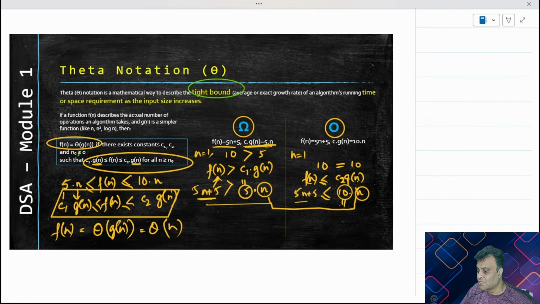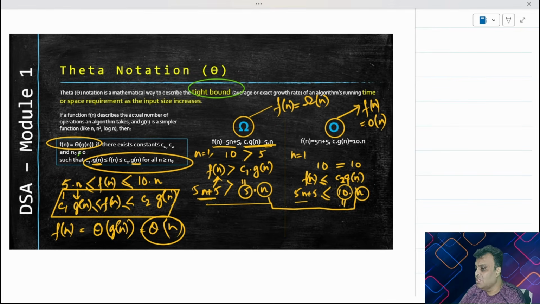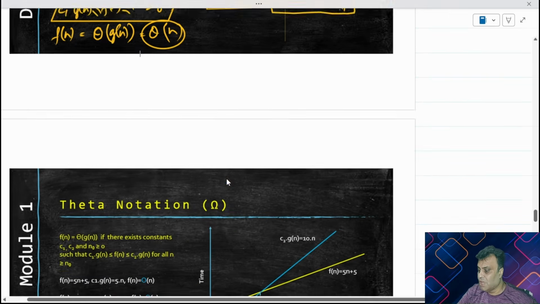So in this case, you have found omega for the function Fn: the omega representation is omega of n. The big O representation for this function is big O of n, and the theta representation is theta of n. So what did we find? We found that all three are actually equal for this function. And that's what I was trying to tell you.